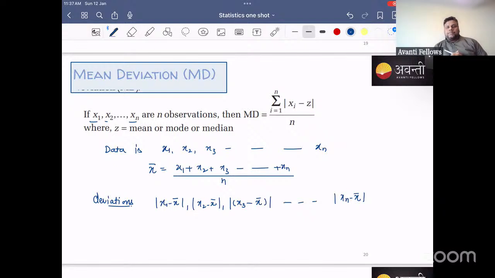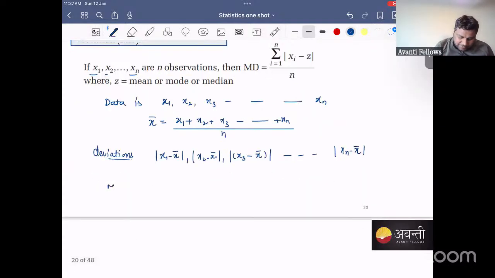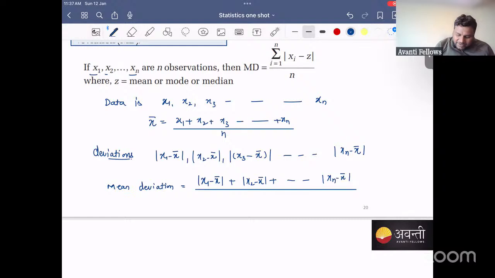These are the deviations. Now, mean of these deviations is what we call mean deviation. So it is mod of x1 minus x bar plus mod of x2 minus x bar and so on, mod of xn minus x bar, whole divided by n.